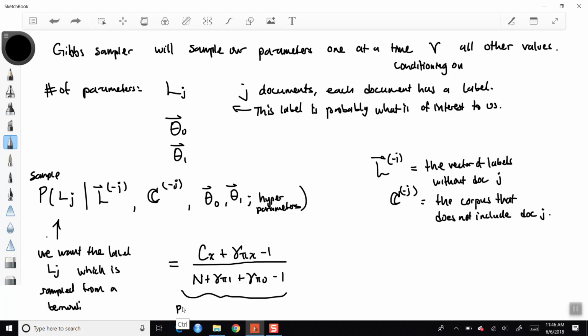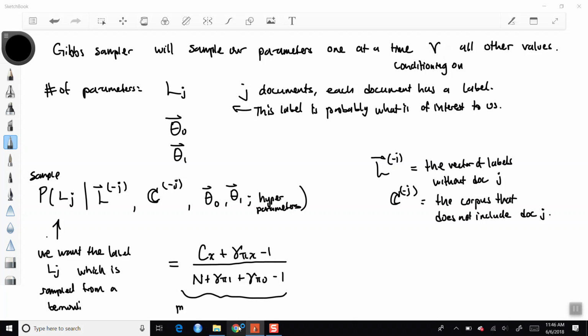Technically this is like the mean of the posterior of the beta distribution, right? If you recall the beta distribution, the mean of the posterior is like the number of tails observed, or number of heads observed, plus the prior head count minus 1, divided by the total number of flips in the data set, plus the prior values minus 1.